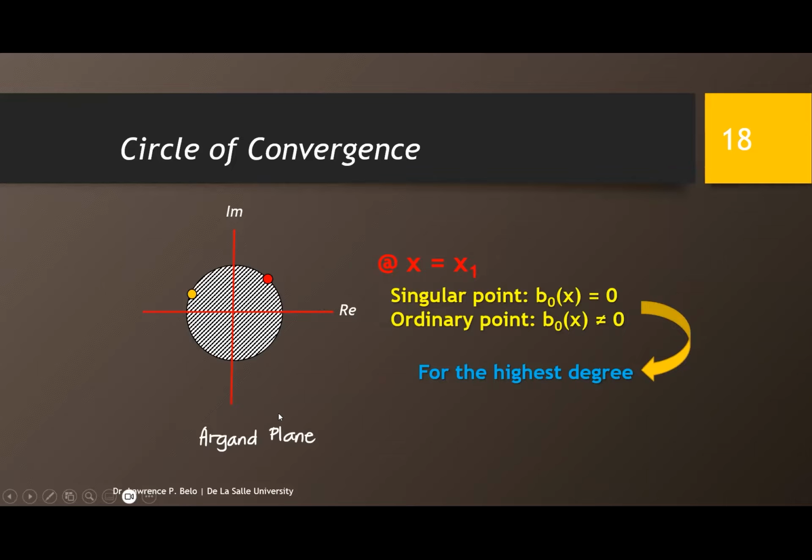So I can say that if my answer is a complex number, the complex number will be a combination of the real and imaginary, right? So if, for example, I have two answers, this yellow has negative real numbers and positive imaginary numbers, whereas that red dot has positive real answers and positive imaginary answers. So this plane is called the Argand plane.